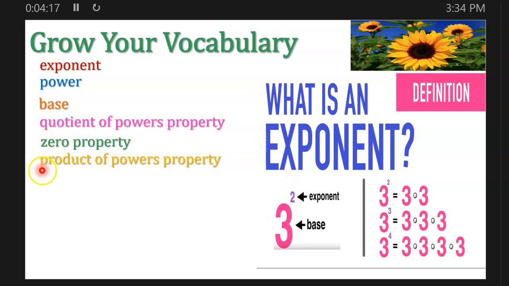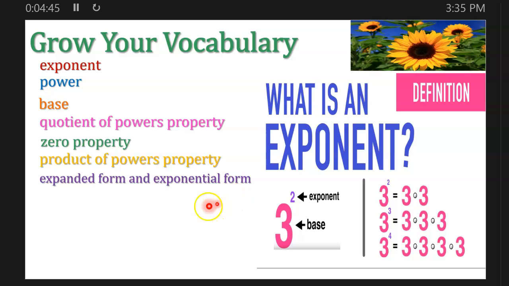So really that's multiplying, which creates our product, and quotient, which is a division problem. So basically, this is the property of our exponents that's going to explain to us how to multiply these exponential expressions or to divide them, okay? And the zero property we're going to also mention today as well.